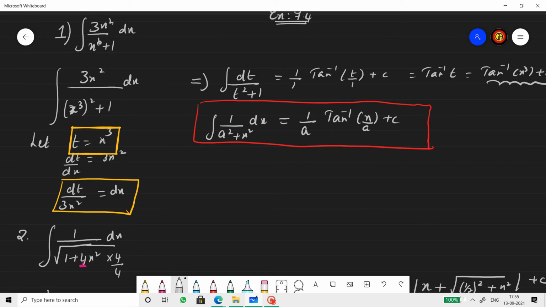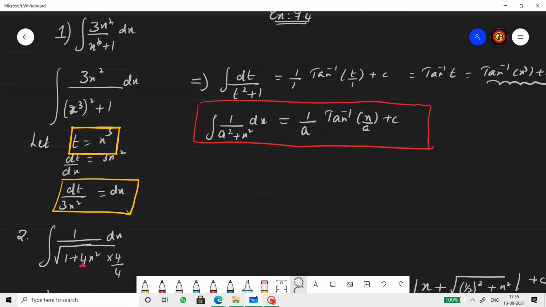So this will transform to dt by t square plus 1. Now this is in the form of 1 by x square plus a square, wherein a square is 1 square and x square is t square. Remember, a square is 1 square and x square is t square.